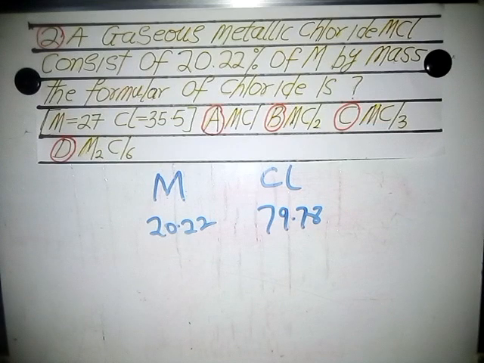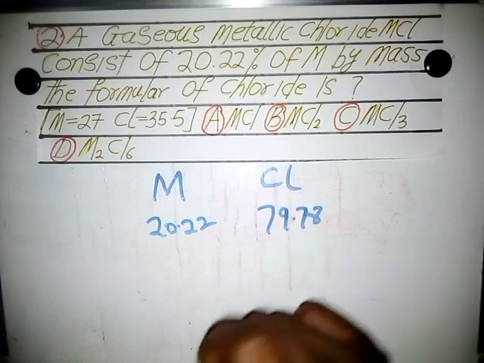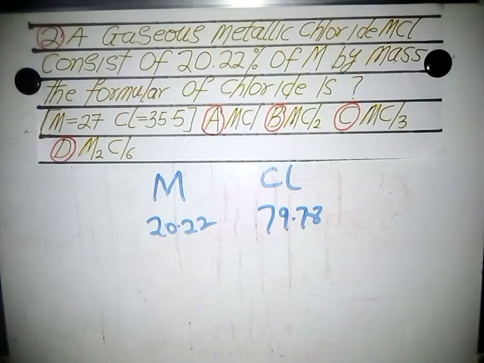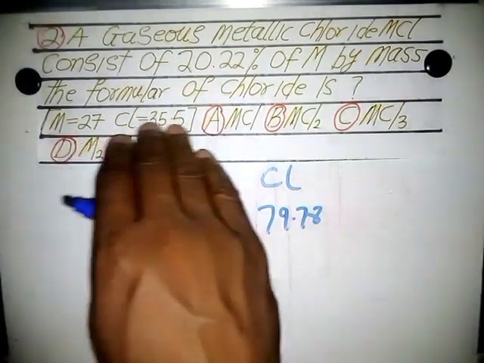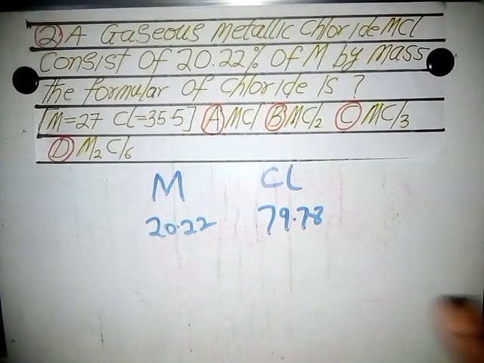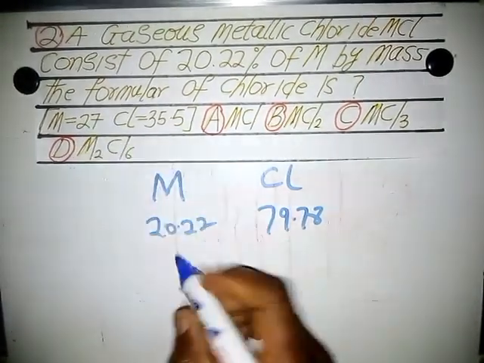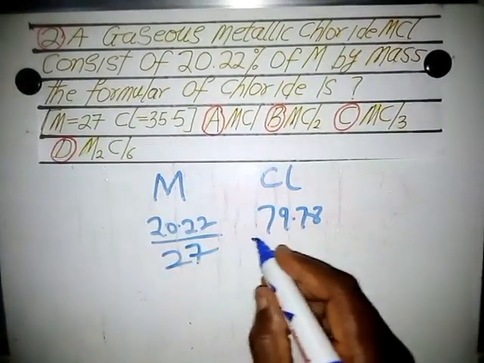So remember the first step, for the Cl, you subtract 20.22 from 100, you should get 79.78. Then you follow the steps: you divide by the atomic masses, then you divide by the smallest value. The atomic mass for M you're given in the question is 27, while chlorine is 35.5.